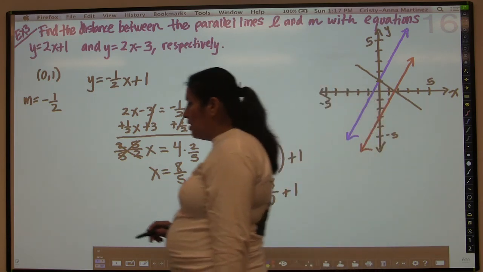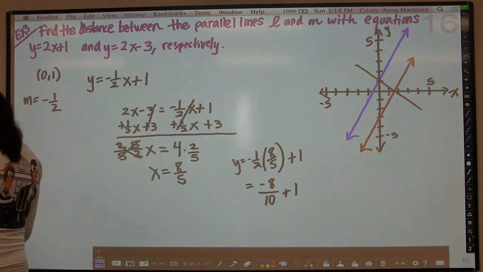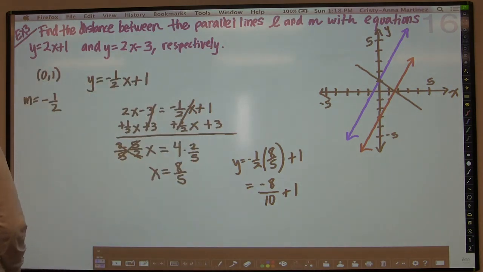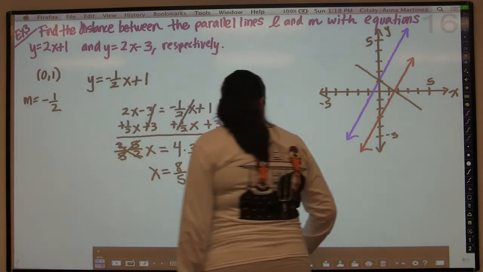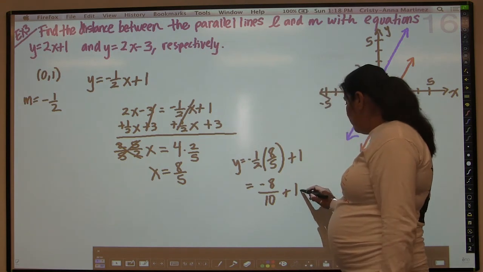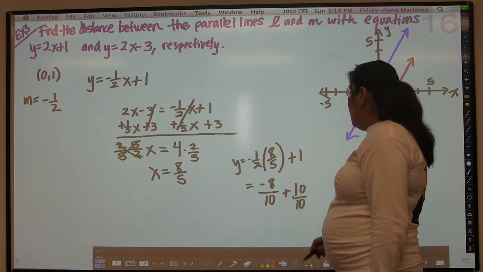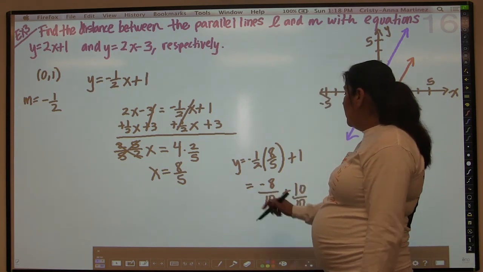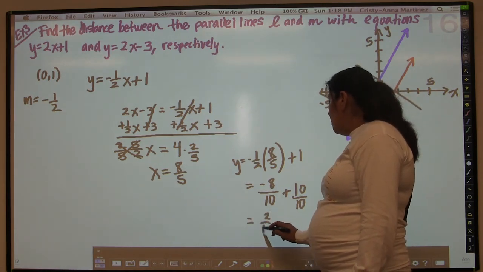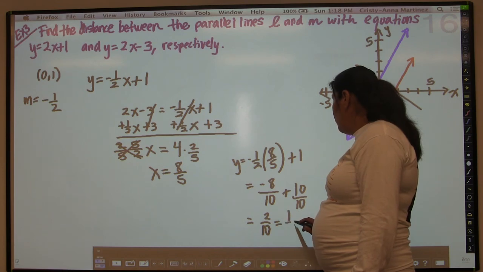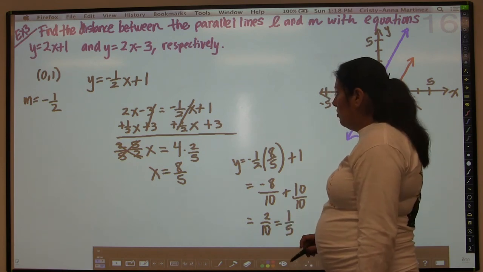It doesn't really matter which one you plug it into. And again, it's easier to just call 1 the same thing as 10/10. So then you're going to go 10 minus 8, and 10 minus 8 is 2/10. But you can reduce 2/10 to 1/5. Lovely fraction. I just hate fractions.